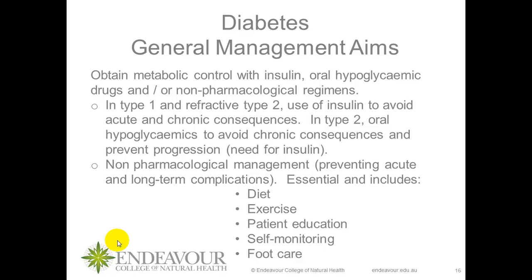Very, very important will be good foot care. We'll see that the person is at risk of losing their extremities due to gangrene and then the need to amputate to prevent septicemia and other ongoing complications.